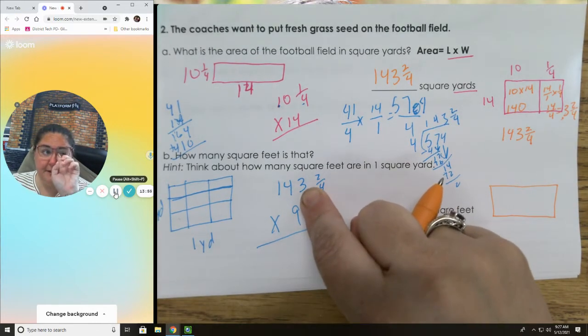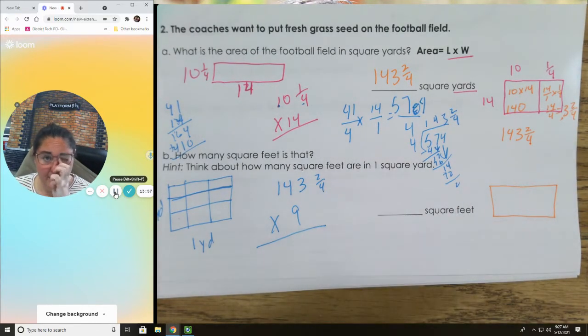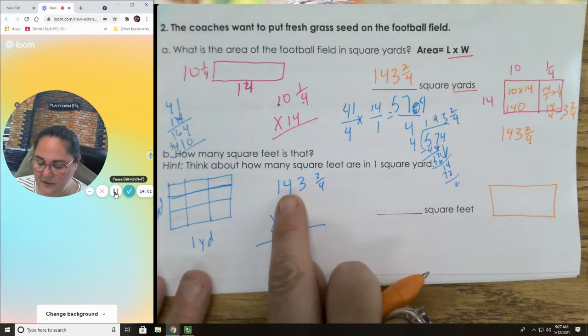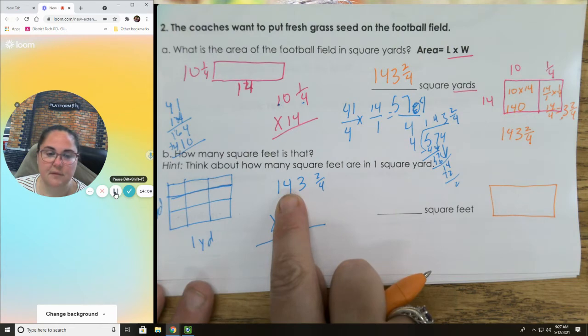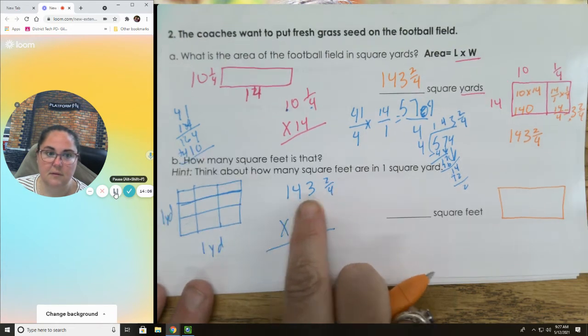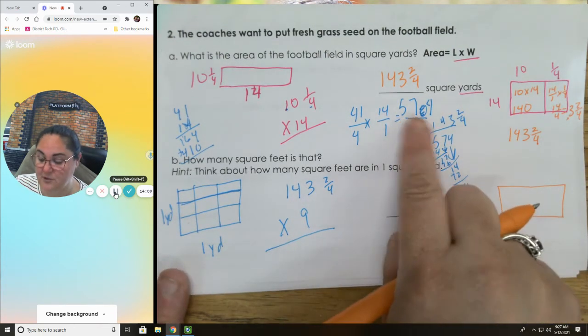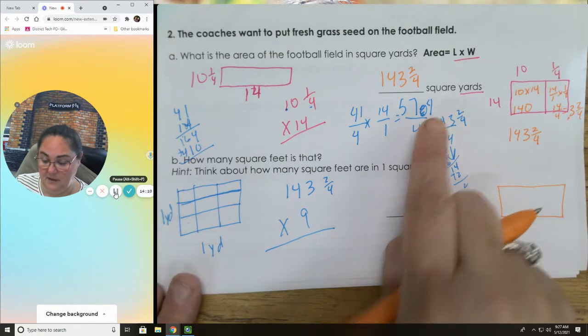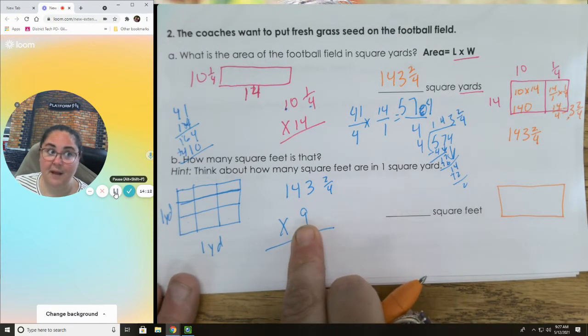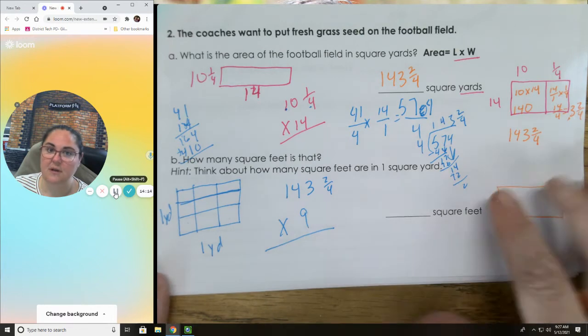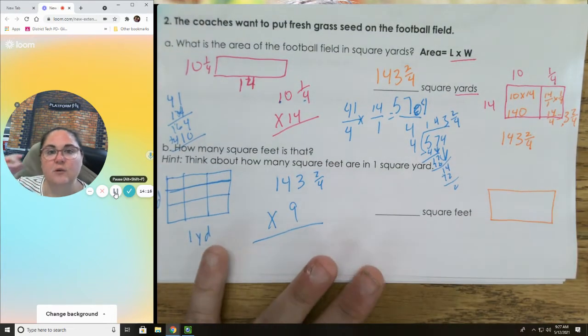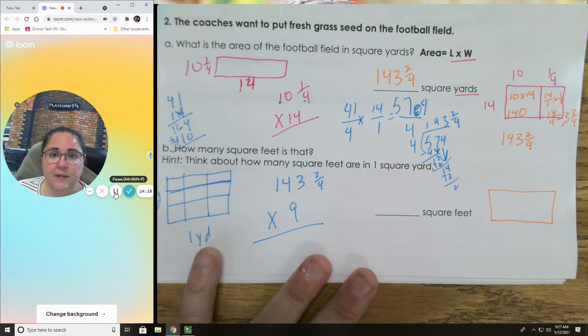That means it's going to be easier for me to do it that way. Find the way that works for you. I also see that this is a very large number. And remember, it was 574, then multiplying that by 9 and then dividing. So I'm going to do this the easiest way for me. Find the way that works for you.